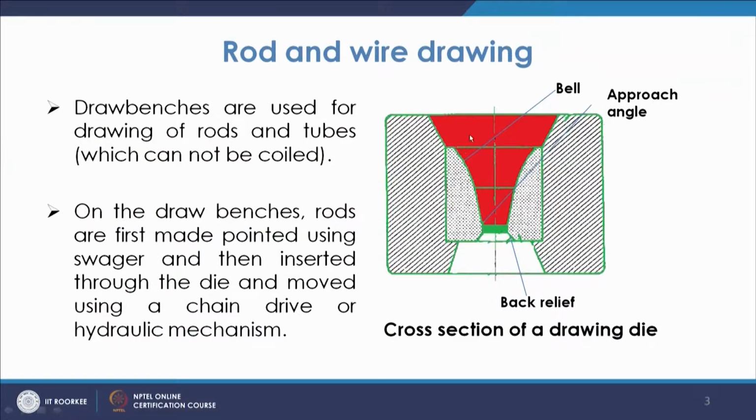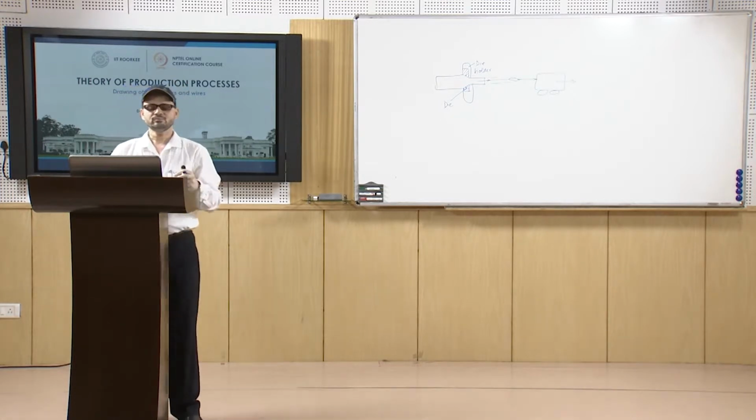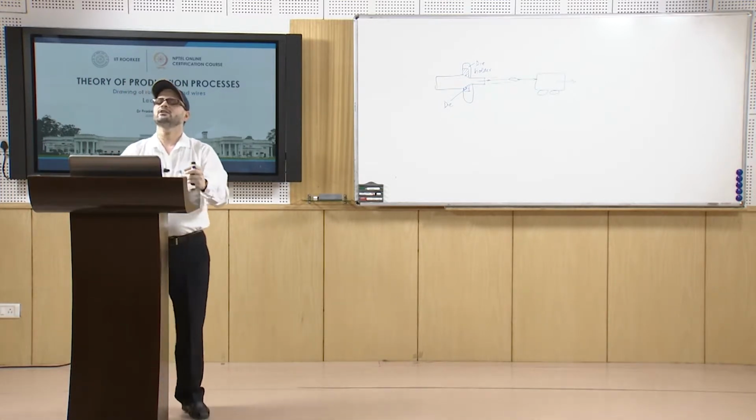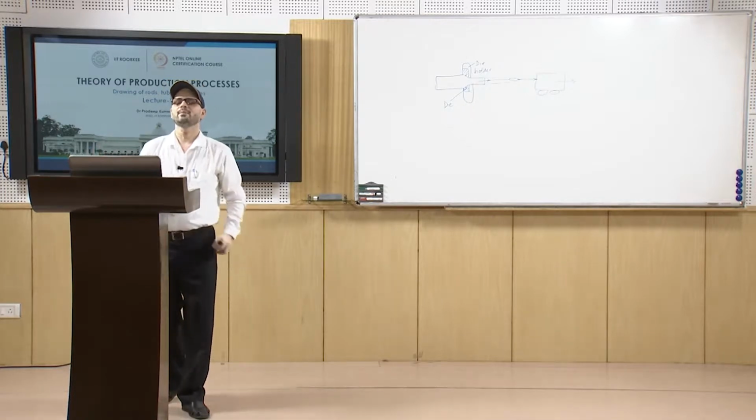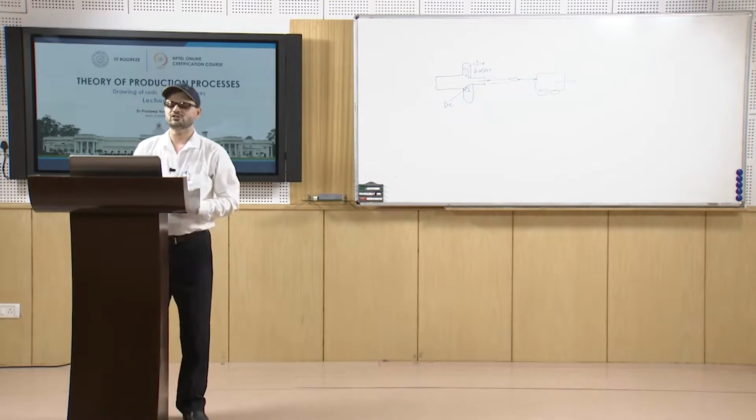They basically try to take the lubricant which is there, they will go with it, and that will facilitate its movement inside this path, and it will go further down, and then at the end they will be coming out. So, that is why you are giving this a bell shape.